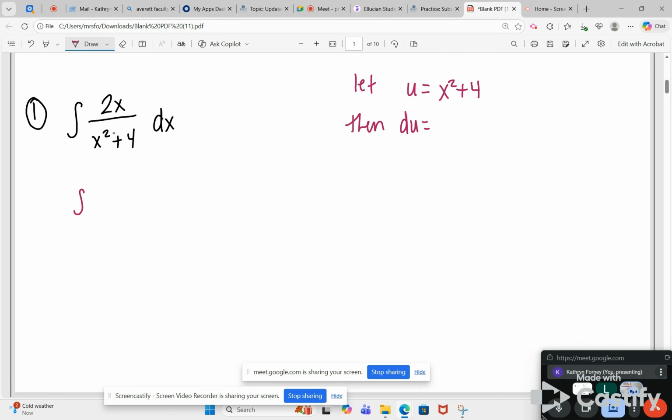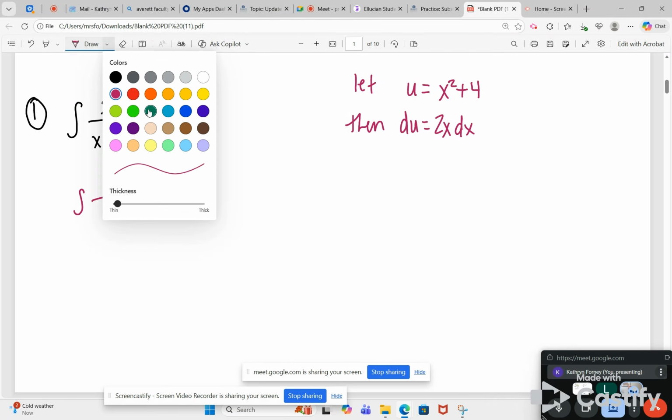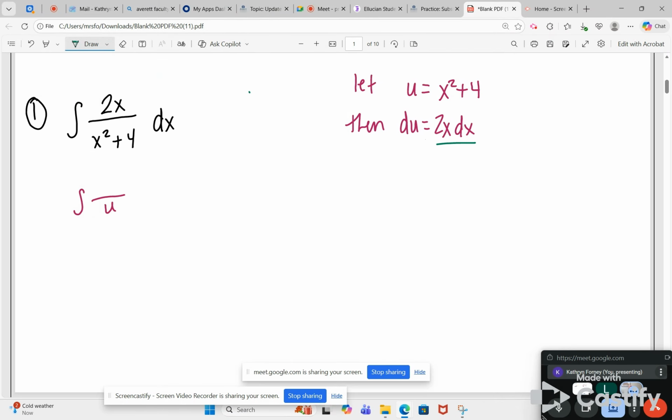When I rewrite this, I'm going to have a u down here, right? Now, what is the derivative of u? 2x dx. Now, the 2x dx is right here, so that is my du.